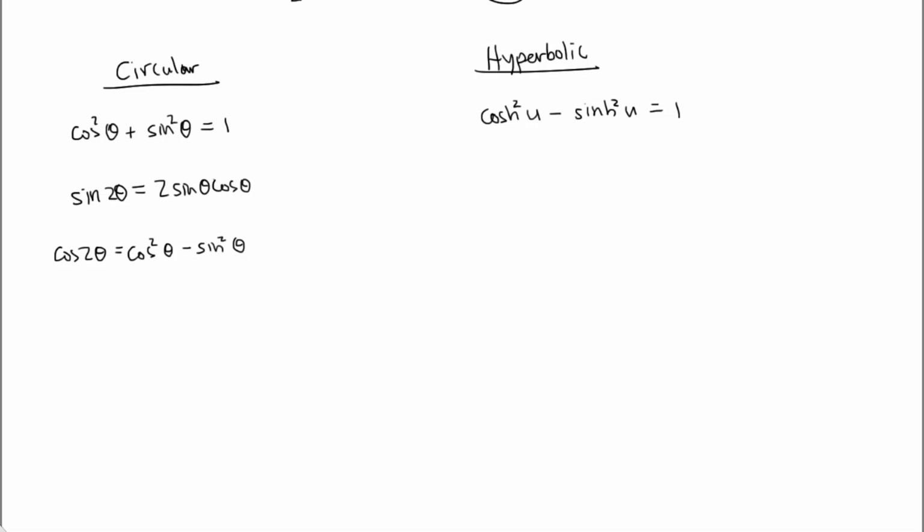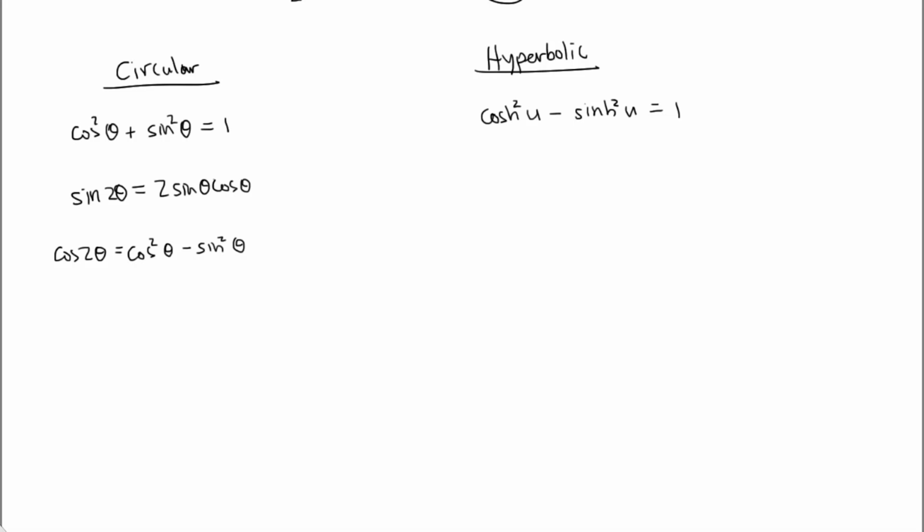Okay, so let's do a couple of other straightforward identities from trigonometry that you have probably learned and proved using other methods. And then let's see what we get when we try to do something similar in the hyperbolic realm.